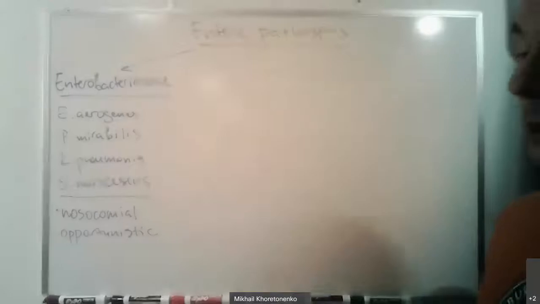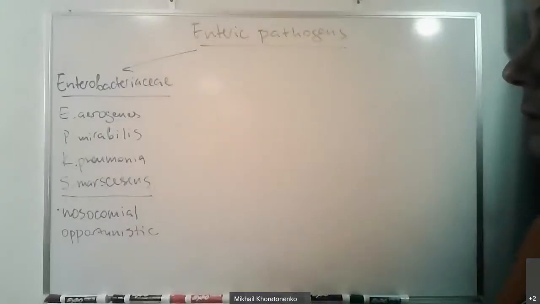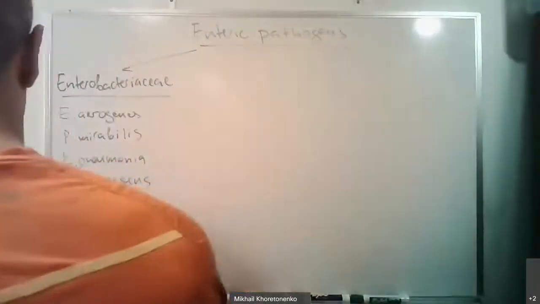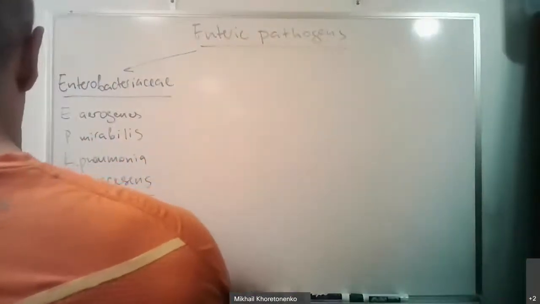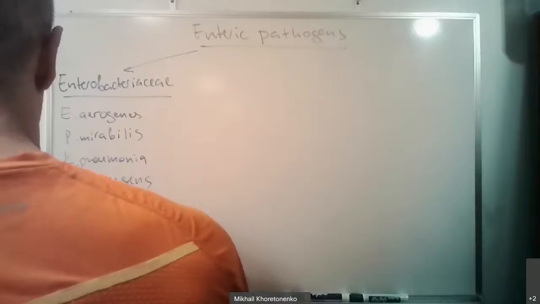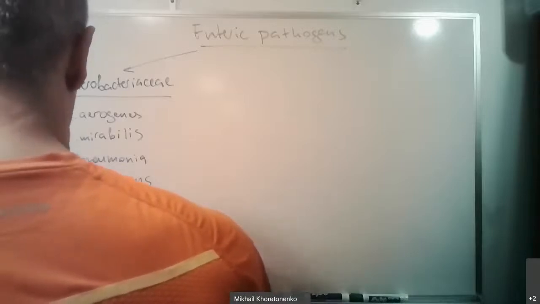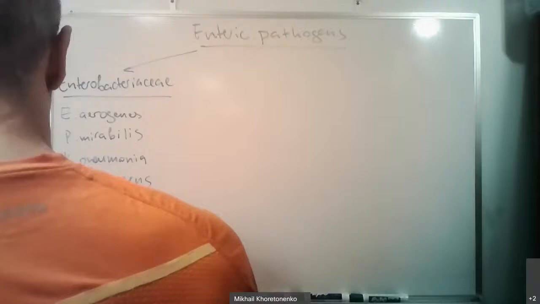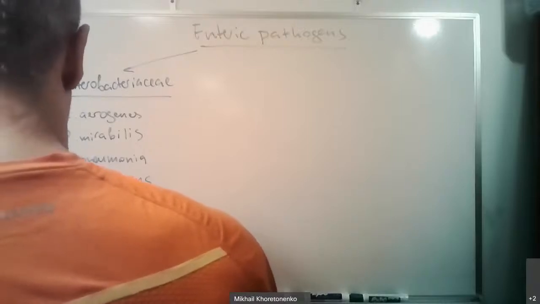The most frequent types of opportunistic infections that commensal Enterobacteriaceae can cause are wound infections, pneumonias, and UTI, urinary tract infections.